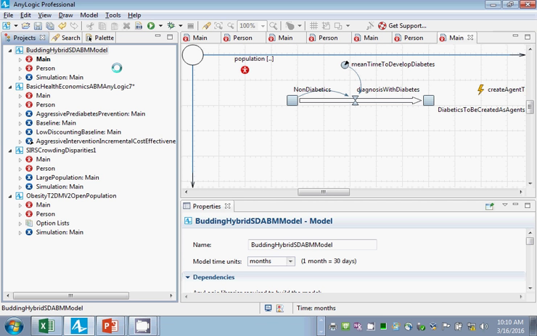Ladies and gentlemen, this model, this budding hybrid model, shows something very different. Here, we are going to use a compartmental model for most of the population. The population, for example, of normal glycemics will be characterized using a stock and flow model.